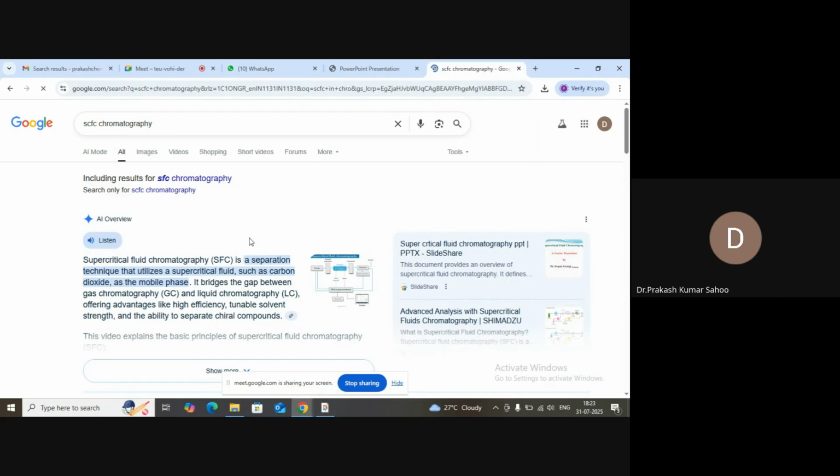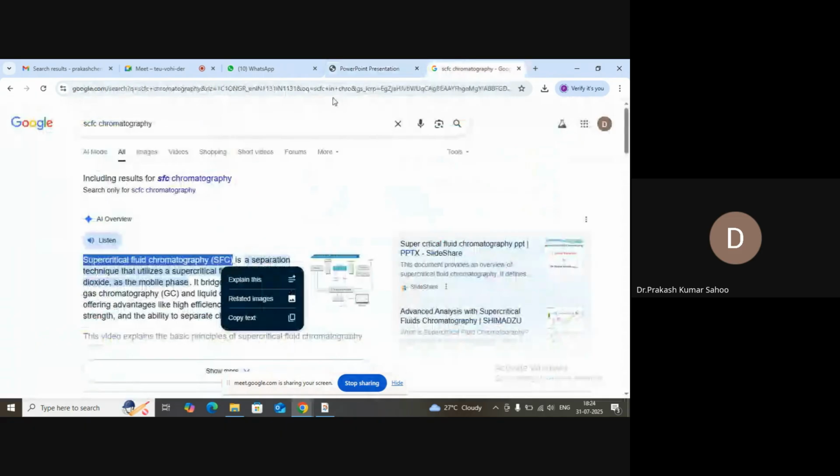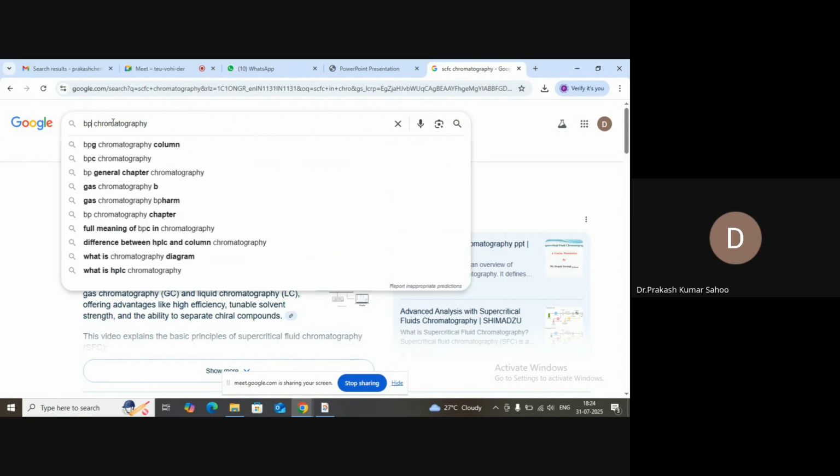This is your supercritical fluid chromatography. Yesterday we have discussed supercritical fluid chromatography. This is another form of your liquid chromatography. Then we have BPC. What is BPC?